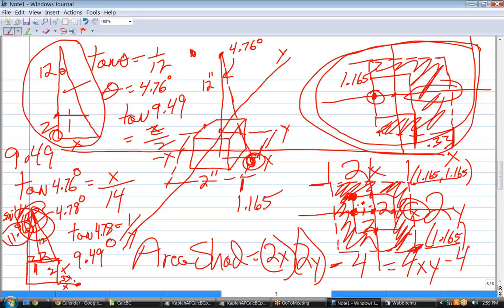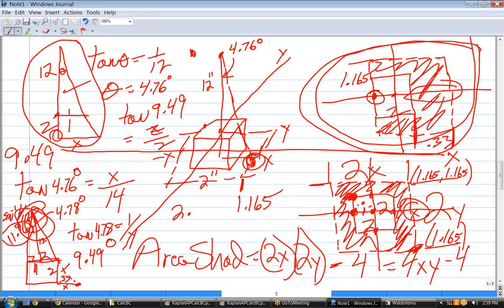I haven't changed it relative to the y-axis. The only thing I've changed is the length of the shadow on the x-axis, which is now 2.33. Because remember, this is 2. It's 0.33 to there. So what's the area of my shadow here?